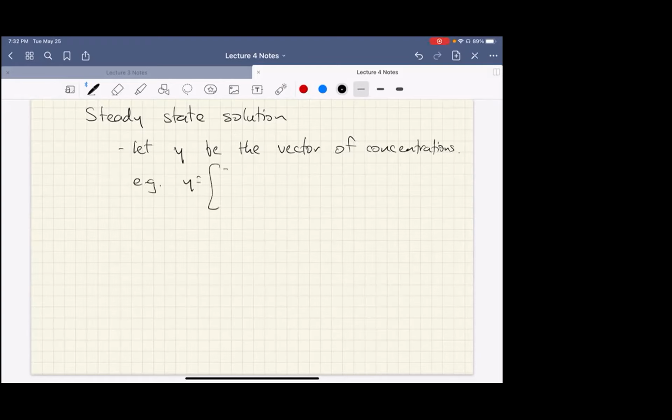For example, in the previous examples, y might look like that. It's the vector that contains the concentrations of both product A and product B in that reaction that is proceeding both forward and backward.